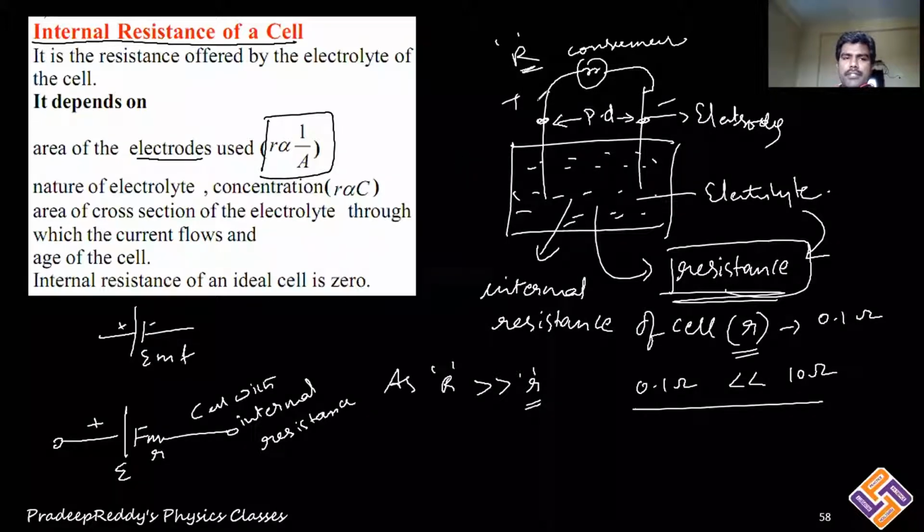As the area of cross section of the electrode decreases, internal resistance increases. It also depends upon the nature of the electrolyte and the concentration of the electrolytic solution. It also depends on the area of cross section of the electrolyte through which current flows and the age of the cell.